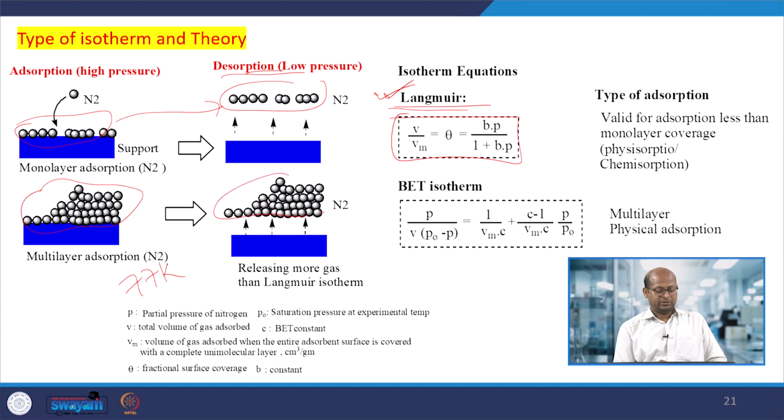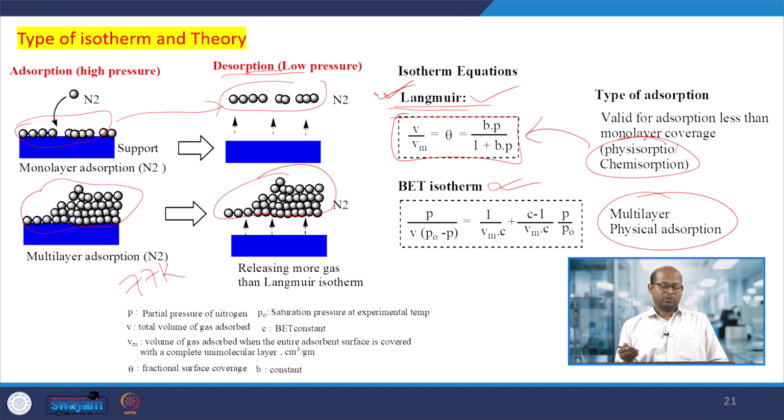When desorbing, the molecules come out from the surface the same way. So here is multi-layer physisorption based on BET theory, and here is Langmuir theory based on physisorption as well as chemisorption, with monolayer or single layer coverage. Depending on that, when the molecules get adsorbed, experimentally and theoretically both may be different.